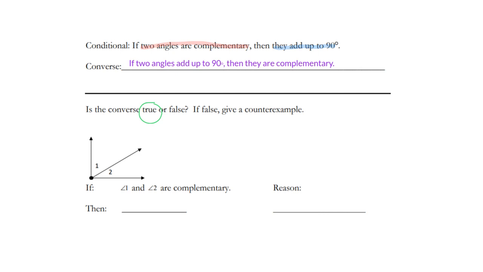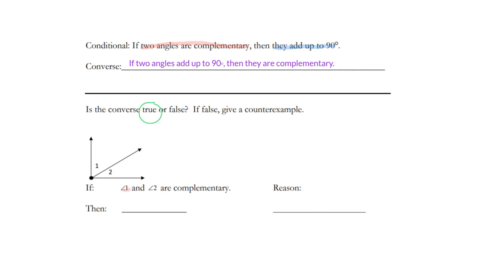All right, so we can use that fact, that conditional statement, in a proof as well. So if we look down here at this example, we have two angles, and it says in our if statement, if angle 1 and angle 2 are complementary, then what do we know? Well, we just found out up here, right? If two angles are complementary, then they add up to 90 degrees. So we now know that angle 1 and angle 2 add up to 90 degrees because we know they're complementary. So we're going to write that.